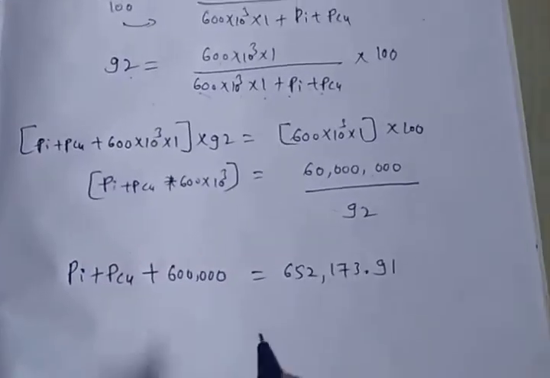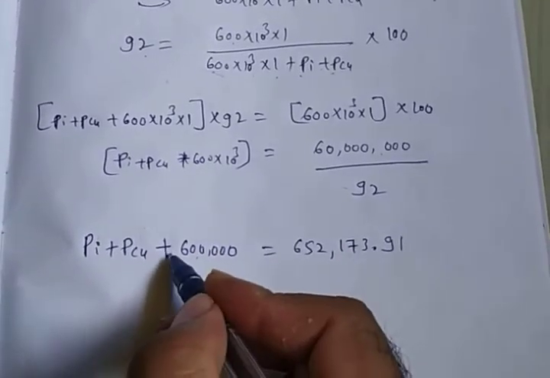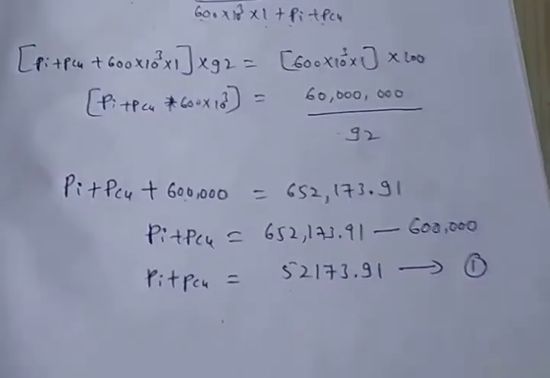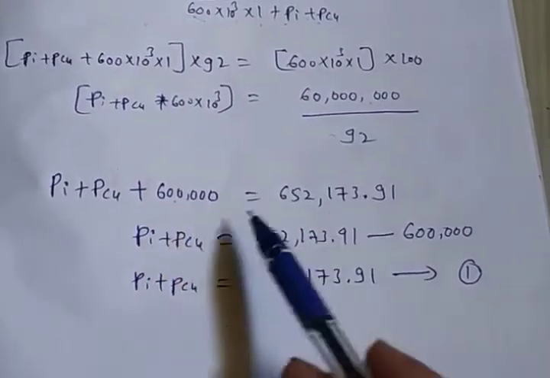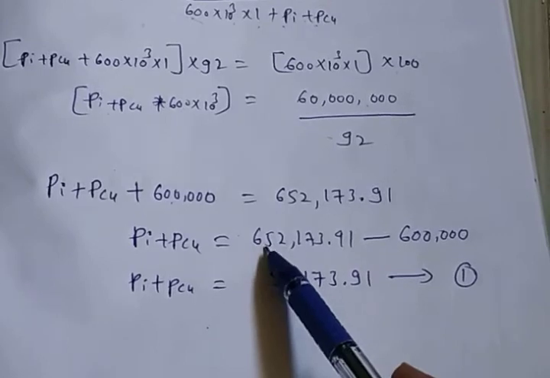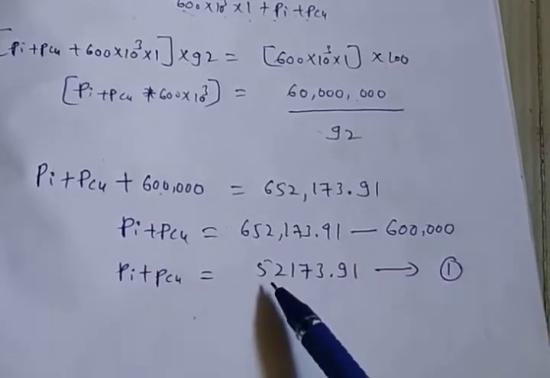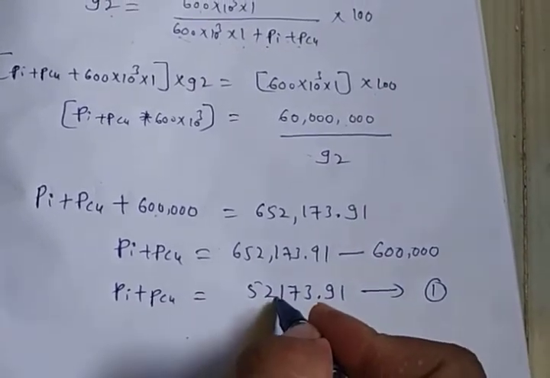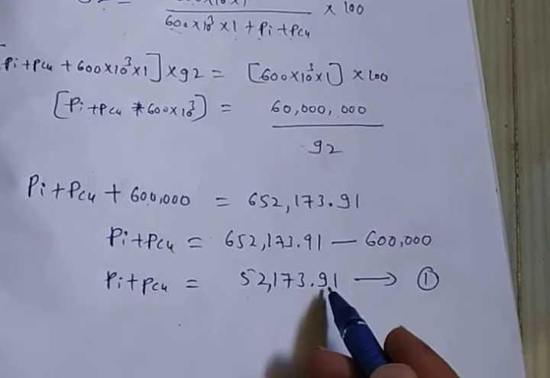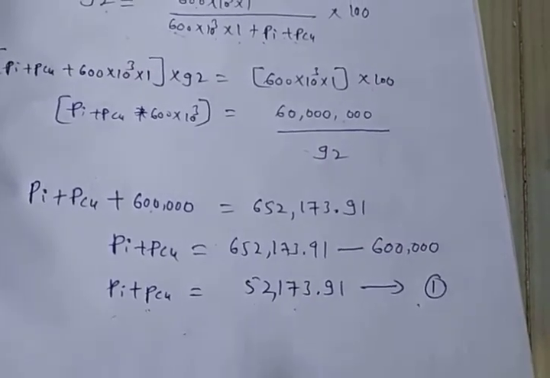The next step is to bring this 600,000 to the right hand side, so positive becomes negative. 652,173.91 minus 600,000, you will get 52,173.91. So that is equation number 1: PI plus PCU is equal to this value.